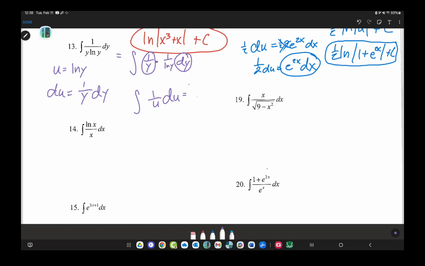So that gives me the natural log of u plus c, which ends up being the natural log of the natural log of y plus c.